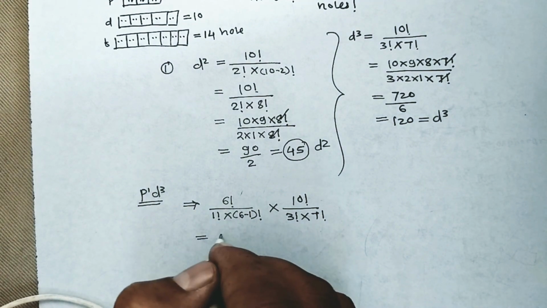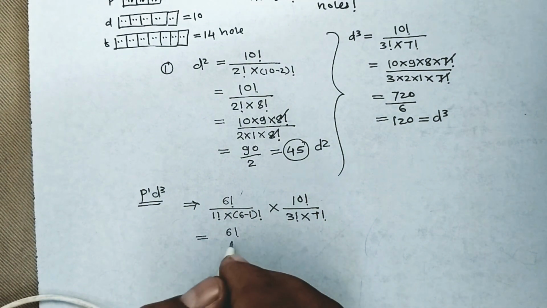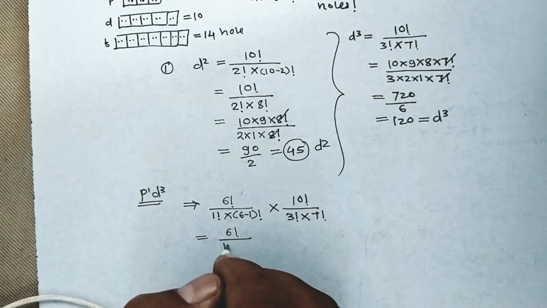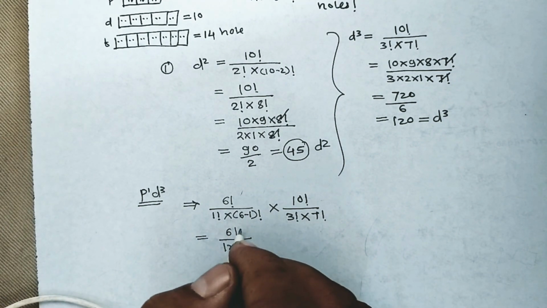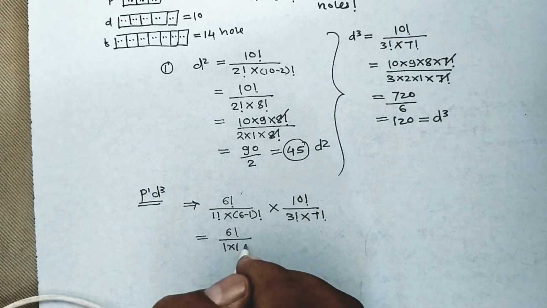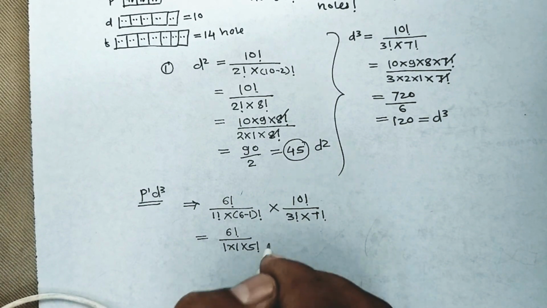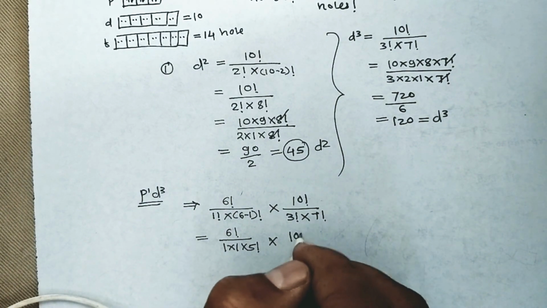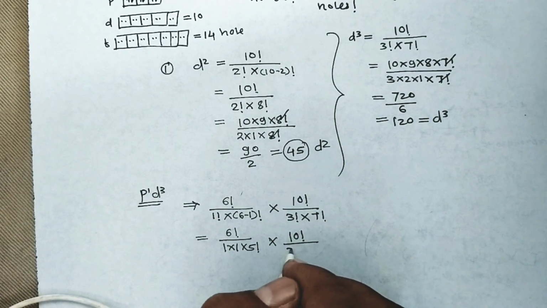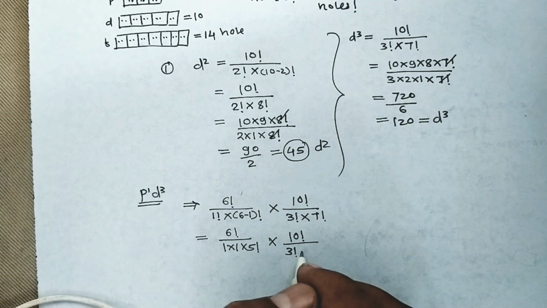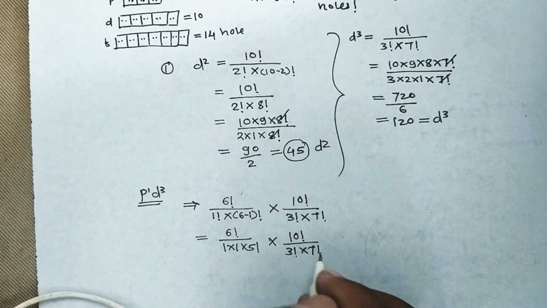For this we can write 6 factorial upon 1 into (6 minus 1), 5 factorial, into 10 factorial divided by 3 factorial into 7 factorial.